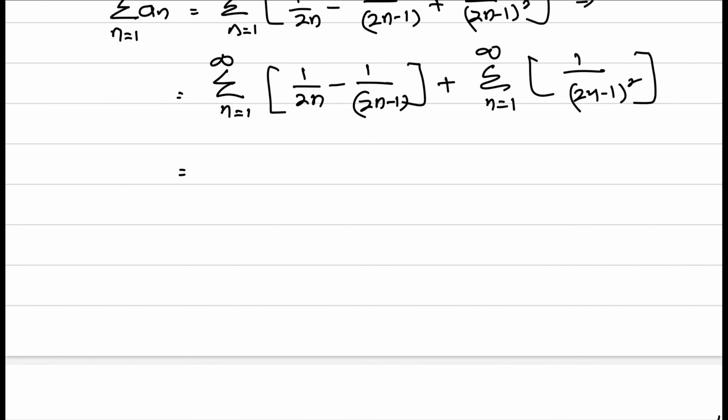This is equal to 1 by (2n minus 1)(2n minus 1). What happens? The 2n minus 1 goes there.